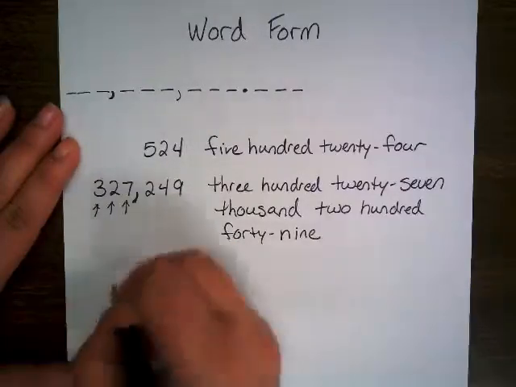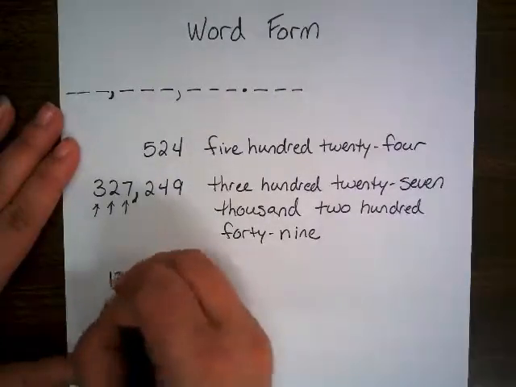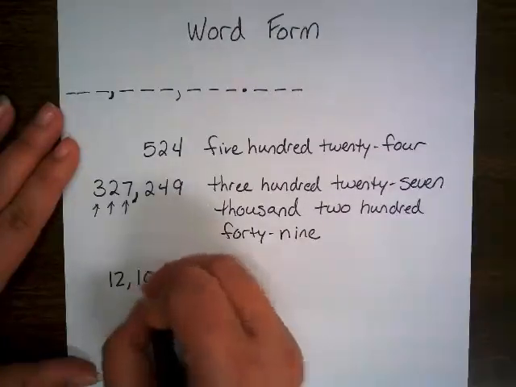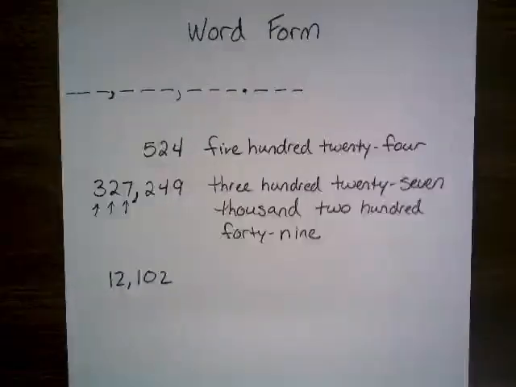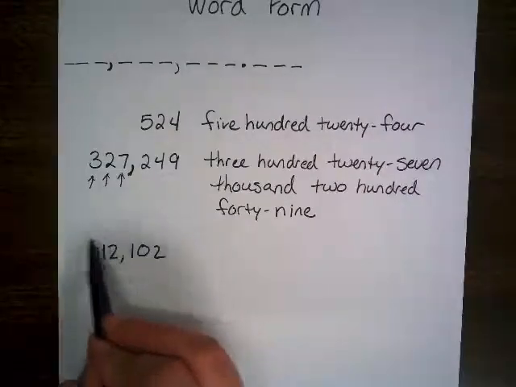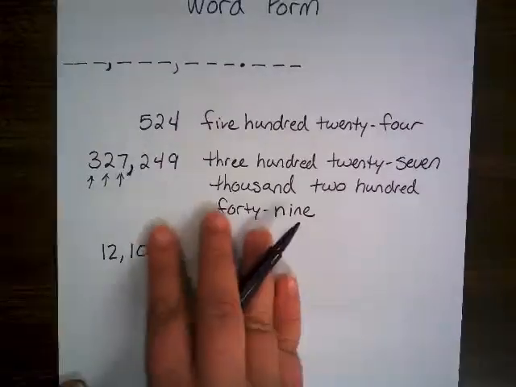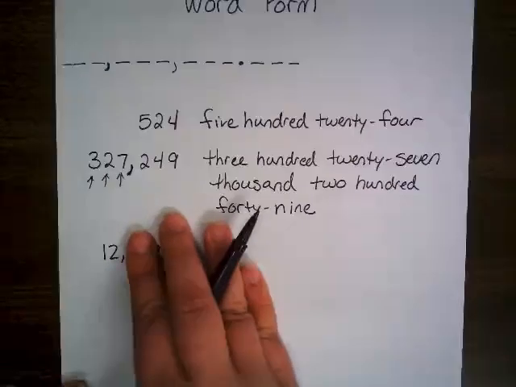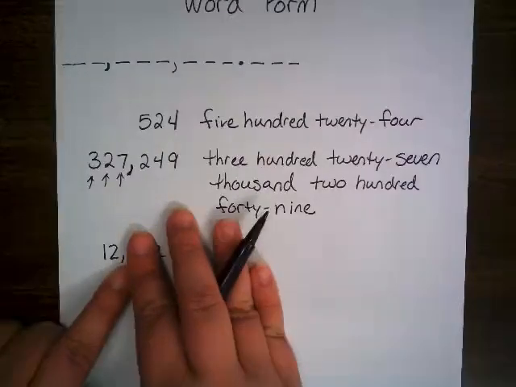Let's say I have 12,102. I don't have a full group of 3 in this section, do I? Does that mean I go into that group of 3? Well, no, I'm only going to look at a group of 3 that's before my separator, my comma.